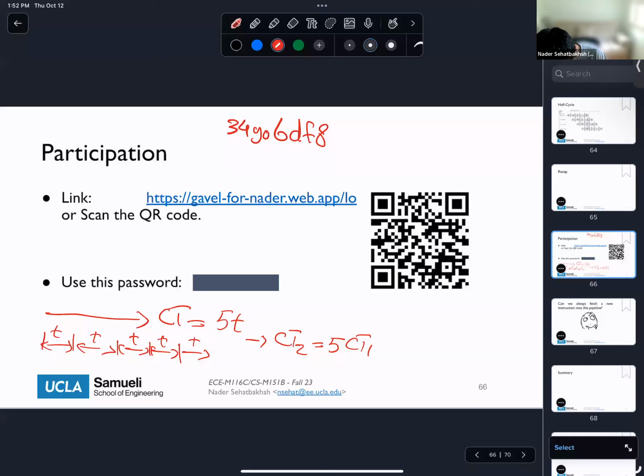But the problem is the instruction still takes 1 cycle, 2 cycles, 3 cycles, 4 cycles, and 5 cycles. So my CPI2 is 5 times CPI1. So I managed to decrease CT, but unfortunately, as a result, I'm increasing my CPI, and these two cancel each other out. So really, I'm not getting any benefit so far, okay?